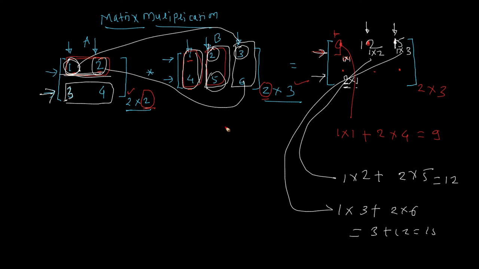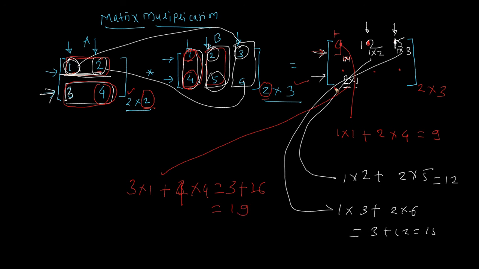So we can get this by multiplying 3 with 1 plus 4 multiplied by 4, which is equal to 3 plus 16, which is equal to 19. So this is 19.